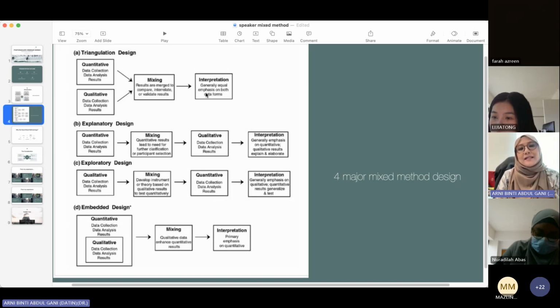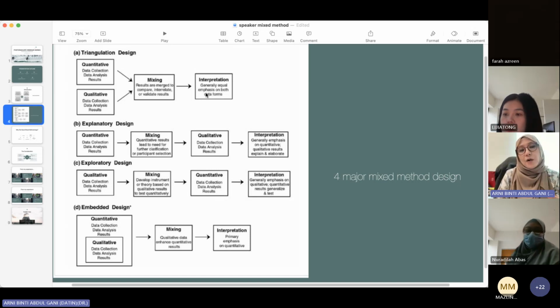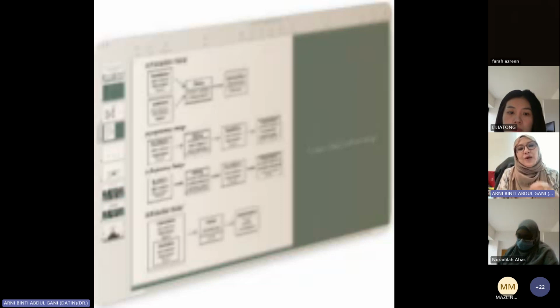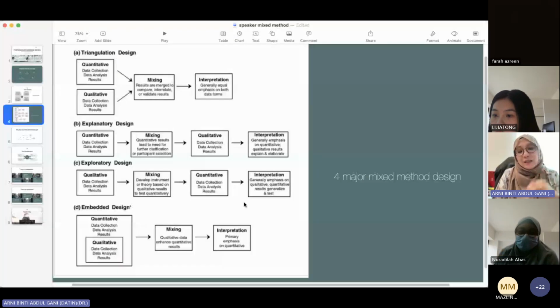And usually in exploratory design, this is where the data or the findings from your qualitative will fit into your quantitative. So you are most likely to build an instrument, a theory based on the qualitative results, and you're going to test that quantitatively.